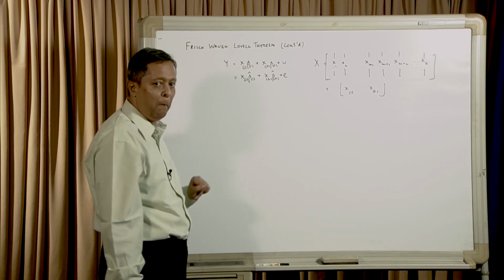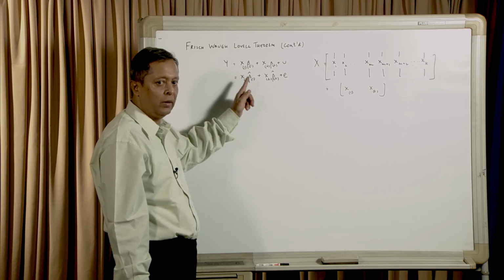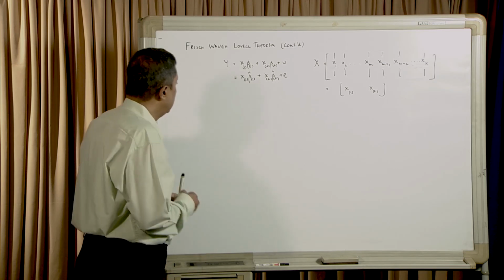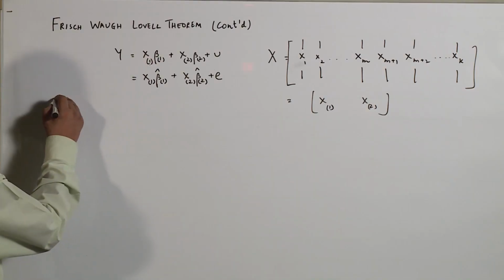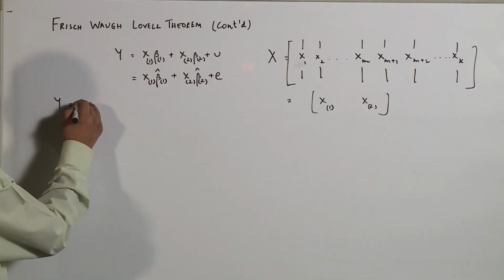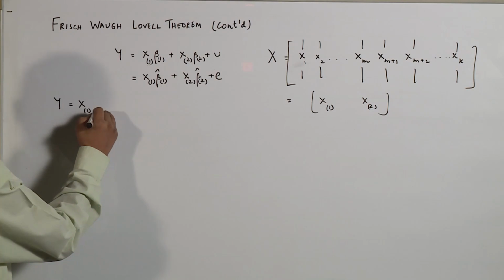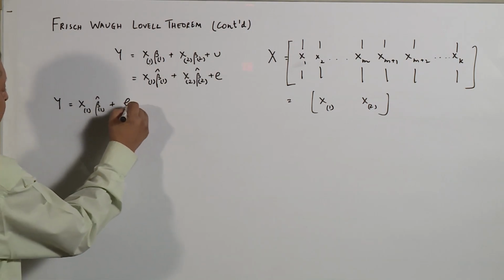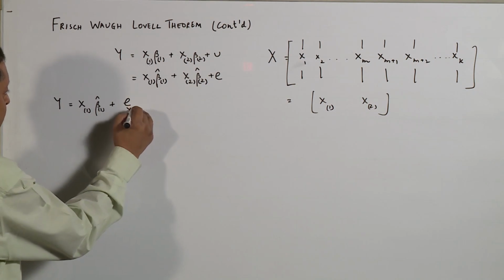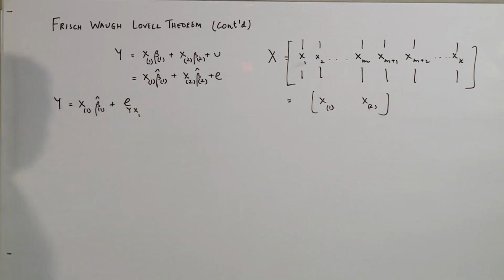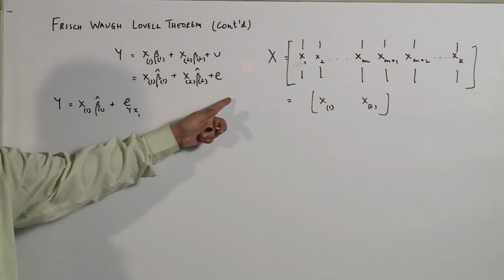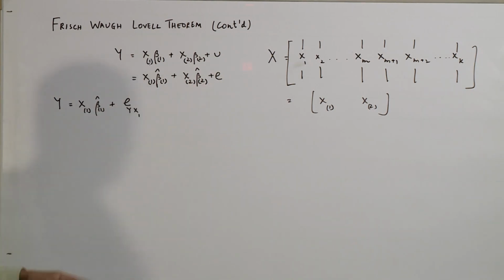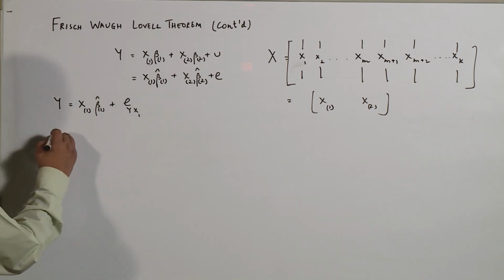So, we begin by regressing y on x1 only and getting pure y. That is written as y is equal to x1 beta 1 hat plus an error when y is regressed on x1. Because this error and the earlier error are not the same: here you have only x1, there you have x1 and x2. So, what is this beta 1 hat?